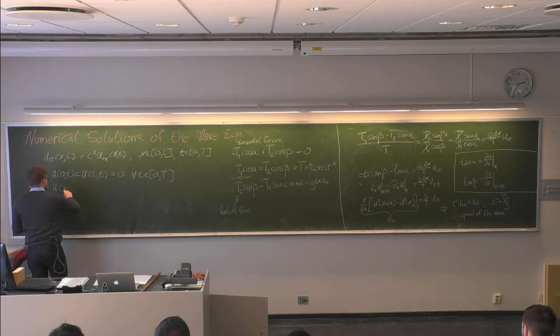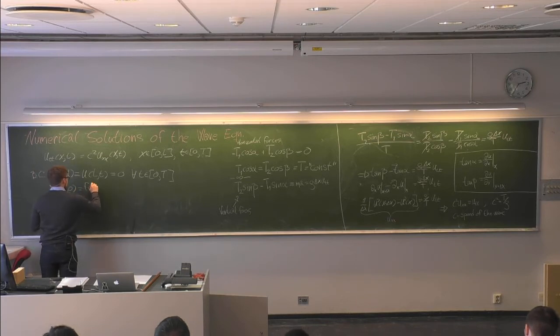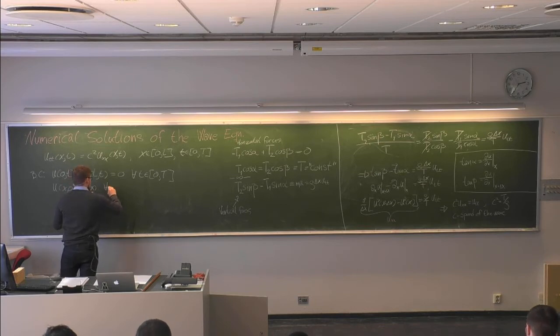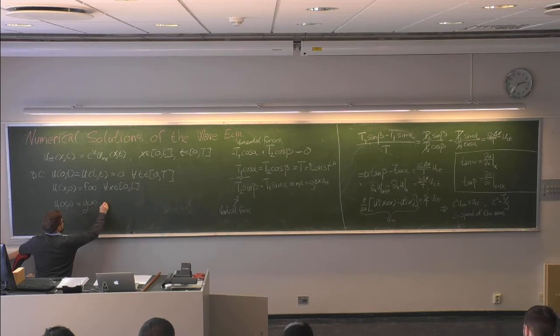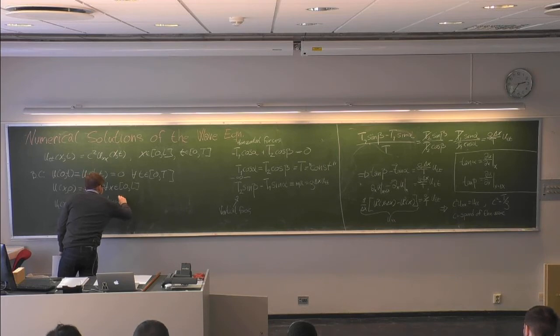So at every position x, we'll have some function f defining the state of the string for all x inside 0 to L. And we also need the first time derivative, so u_t of x, 0 is defined by some function g of x for all x inside the same interval, like so.